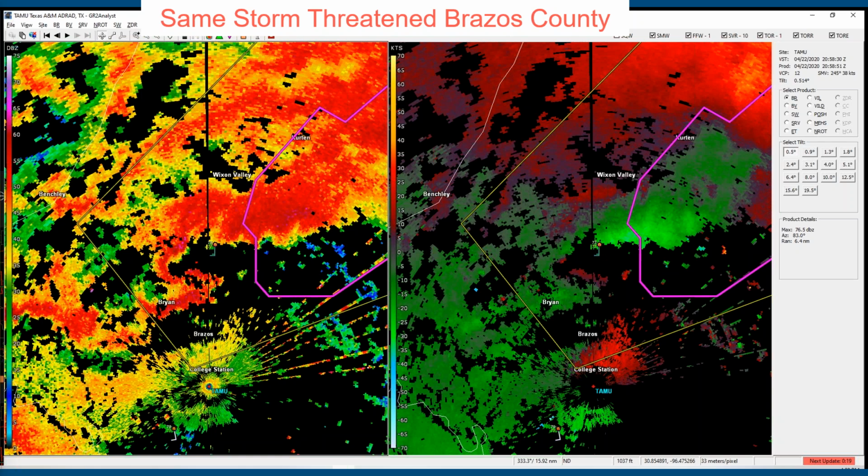I mean, there is an incredible depiction there of a hook echo, kind of flaring out on both sides. So this is a very classic appearance to one of these. Now, on the velocity end of things, we're not seeing quite the circulation yet. But there was actually a funnel sighted west of Bryan briefly.